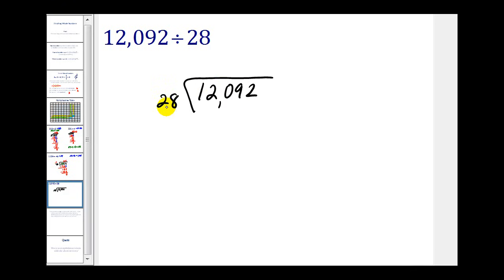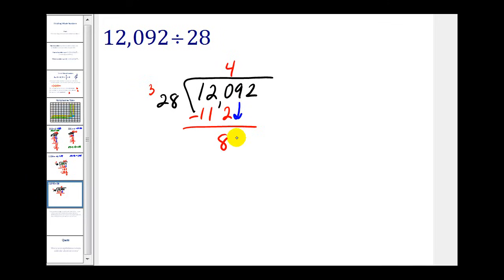I know there are 4 30's in 120, so let's try 4. 4 times 8 would be 32. Carry the 3. 4 times 2 would be 8, plus 3, that would be 11. Now we'll subtract. 120 minus 112, that would be 8, which is less than 28, so the 4 is correct.